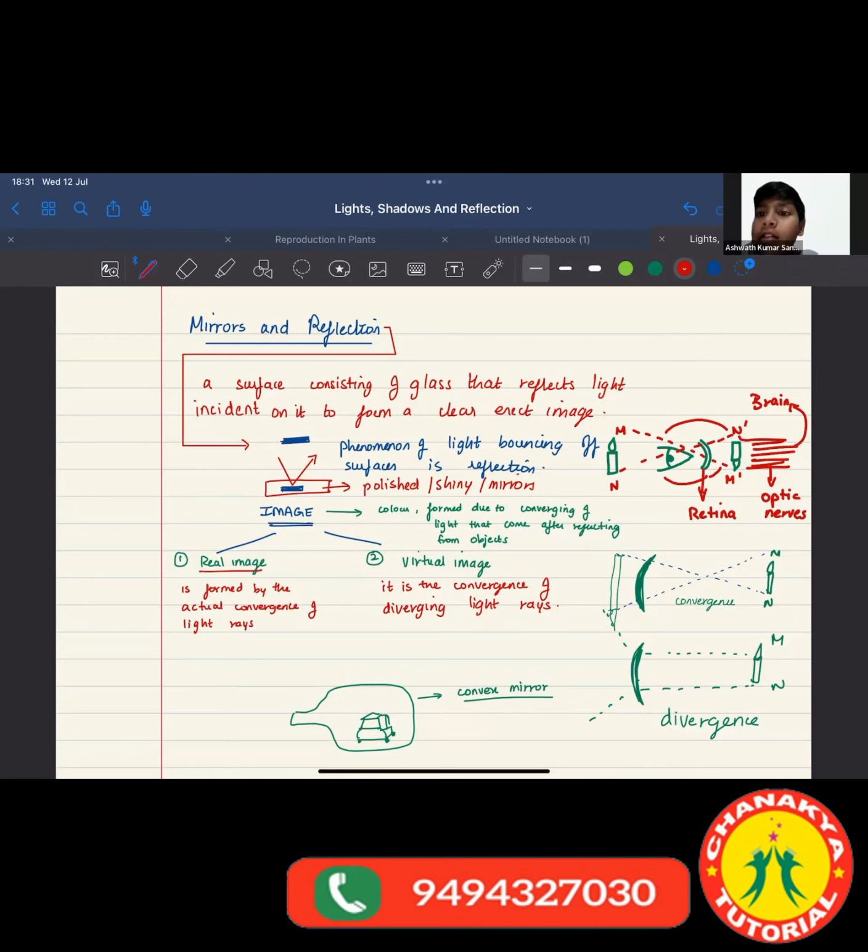Second last. Phenomena of light bouncing off surfaces is reflection, polished shiny mirrors, formed due to converging of light that comes after reflecting from objects.